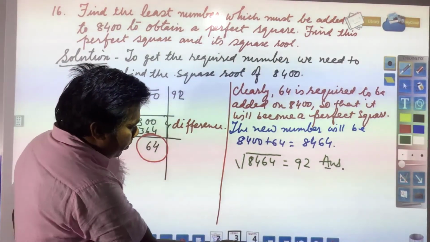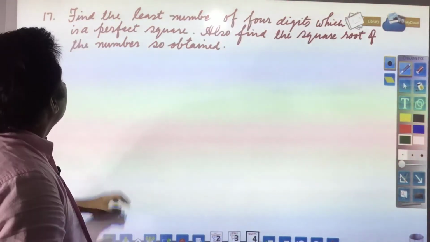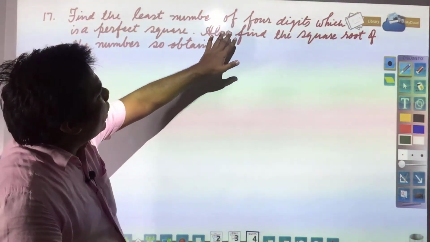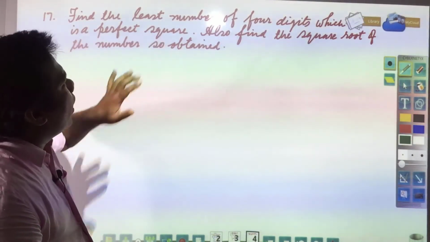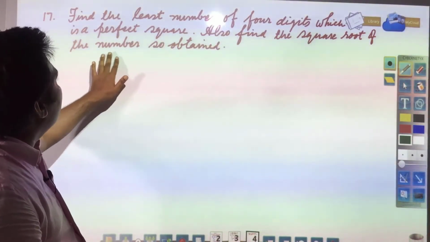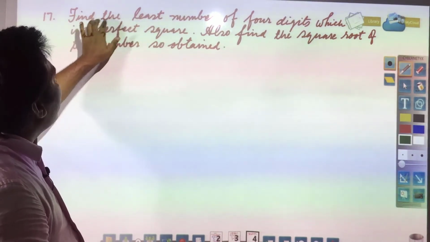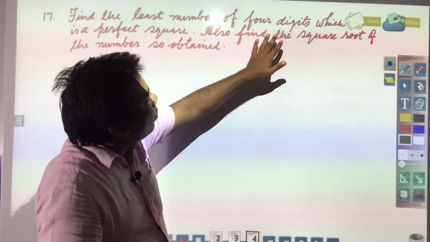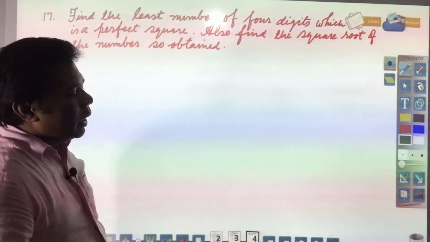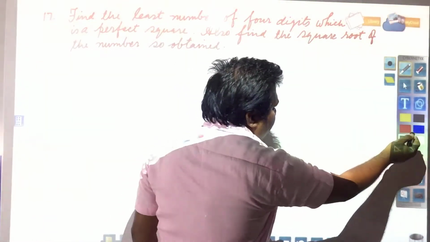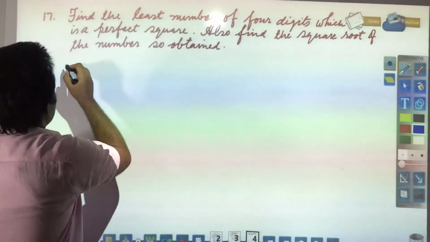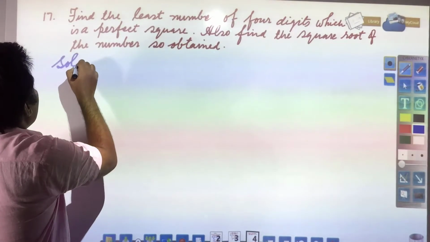Next question you see, find the least number of 4 digits which is a perfect square. Also find the square root of the number so obtained. Find the least number of 4 digits which is a perfect square. How will we solve this question, you see?